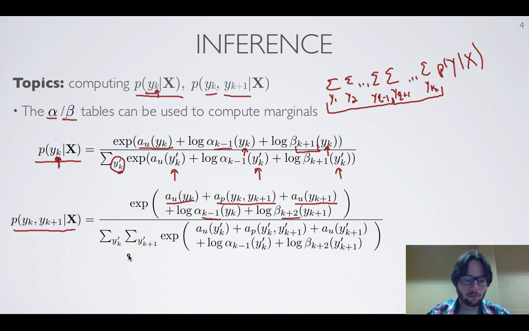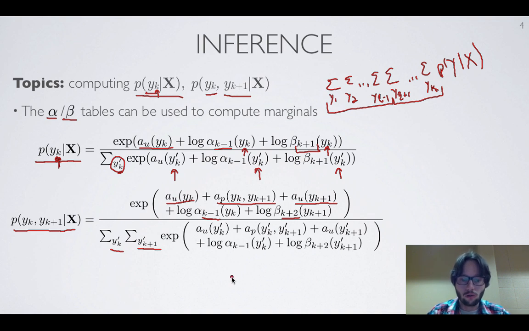And again, to have this be a valid probability, we need to divide by the summation over all the values that the kth label and the k plus 1th label could take of the exponential of essentially exactly the same term. So we see the exponential term here is exactly this term. I've just replaced yk by y prime k and yk plus 1 by y prime k plus 1.